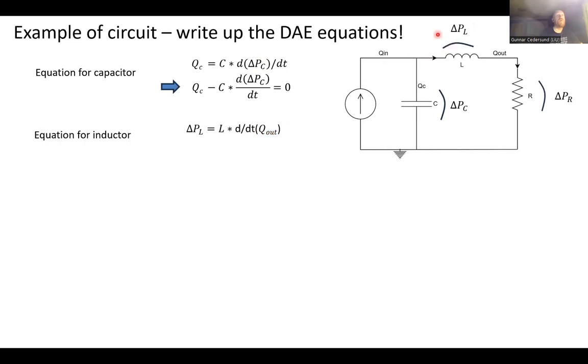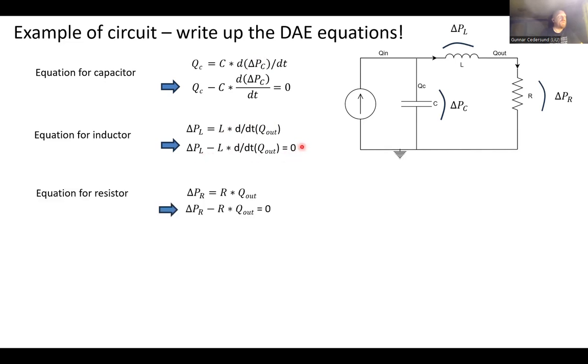So you have a temporary buildup of pressure difference here because you have a change in the flow. And this is the inductance or the inertance. And then we rewrite it to standard form. And the same way for Ohm's law, we write it up. Okay, so these are the 3 equations for the components.